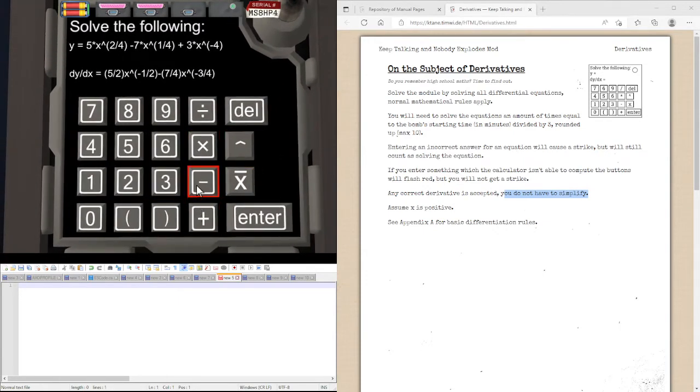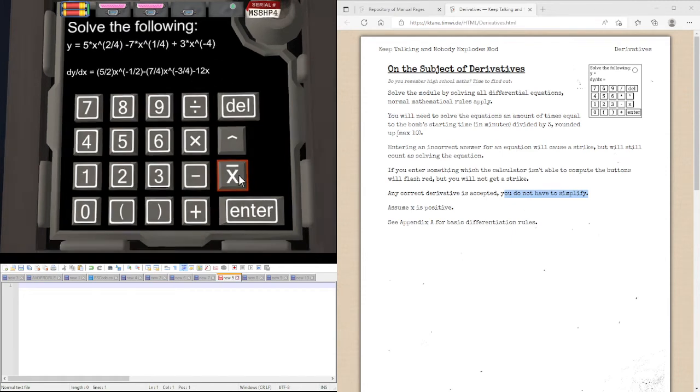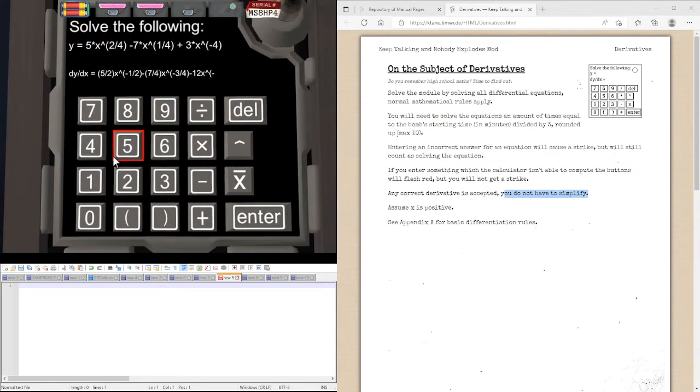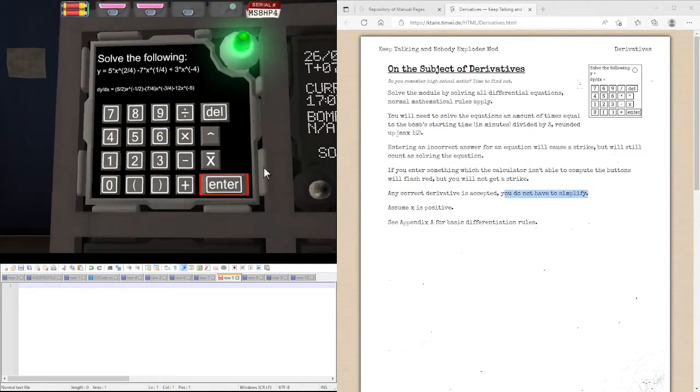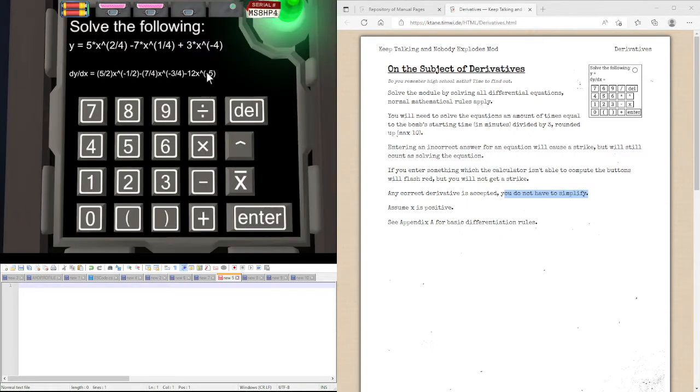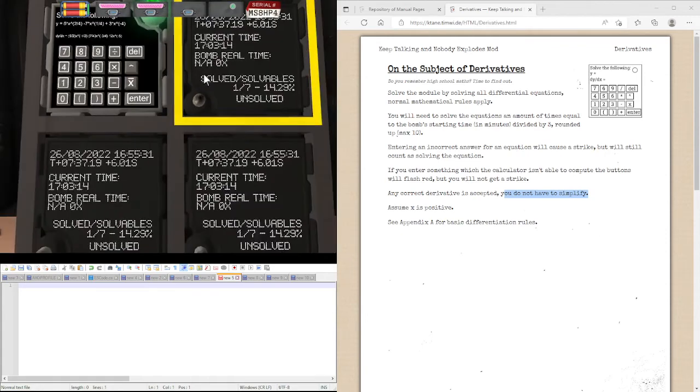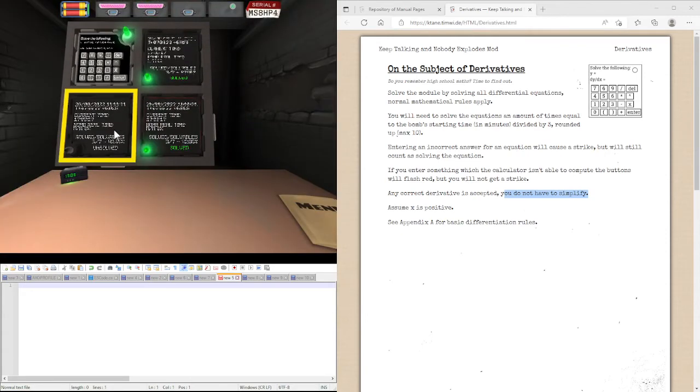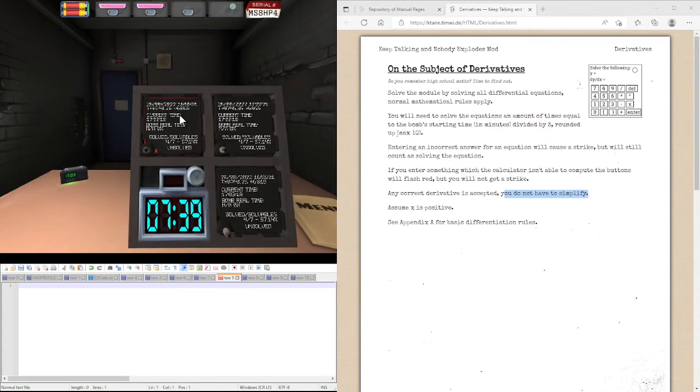And then finally, we're going to be doing 3 times minus 4, which is minus 12. And then it's going to be x to the power of minus 5. And solving that equation, we get a solved equation. So I'm going to quickly solve this one now.